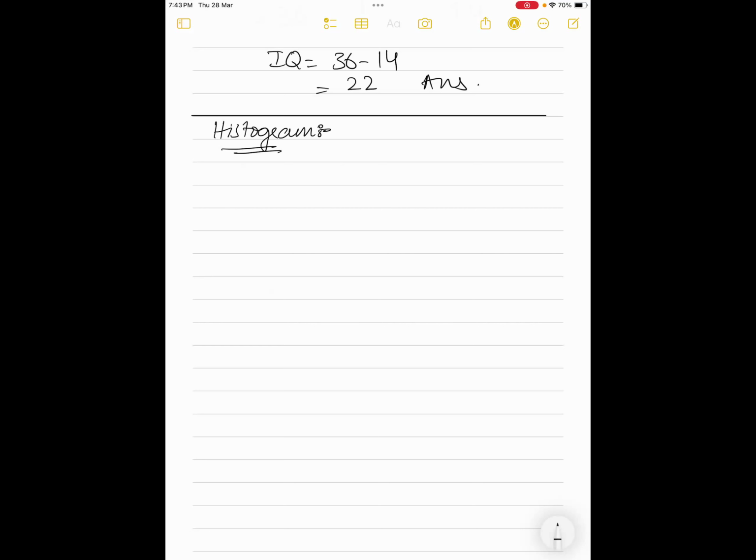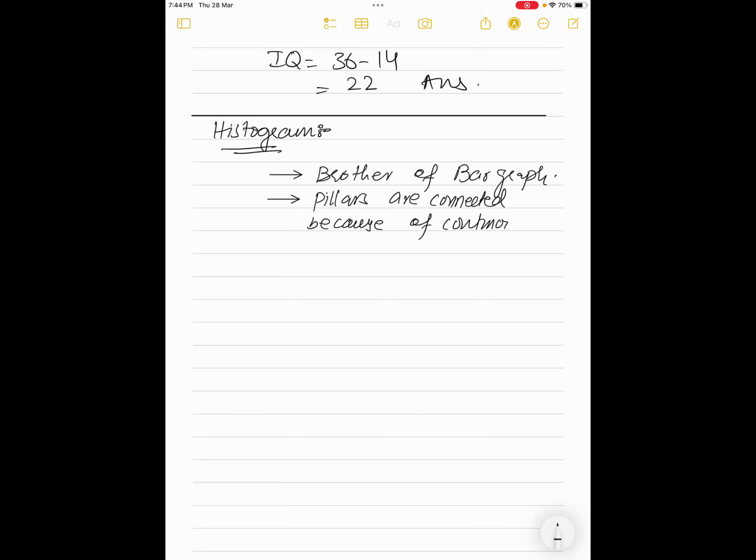So histogram. Beta, a histogram is like a brother of the bar graph. It means that it is the same as a bar graph, but the pillars are connected. Pillars are connected because of continuous data.